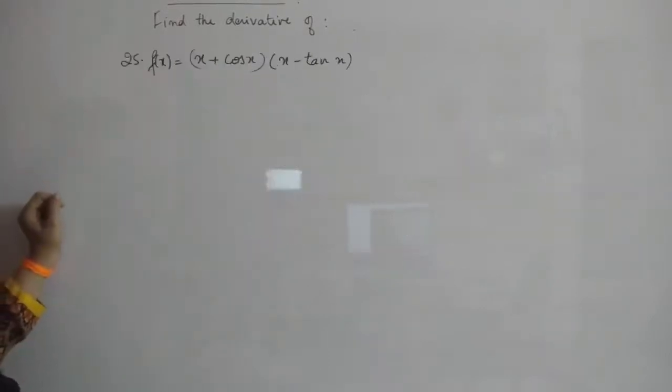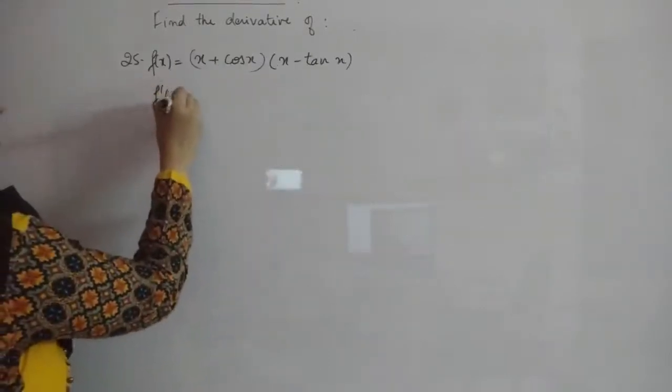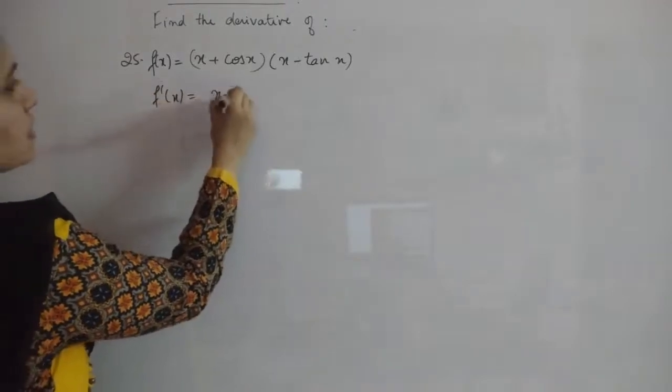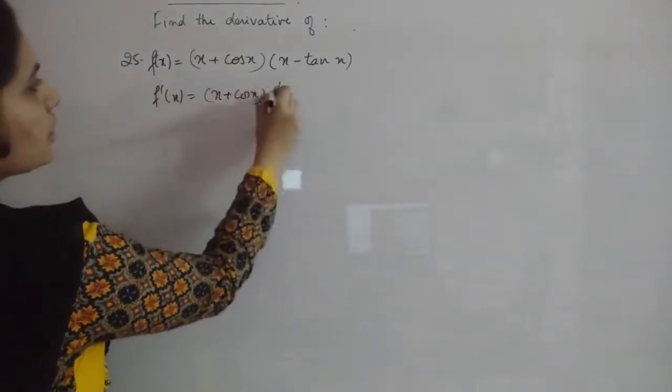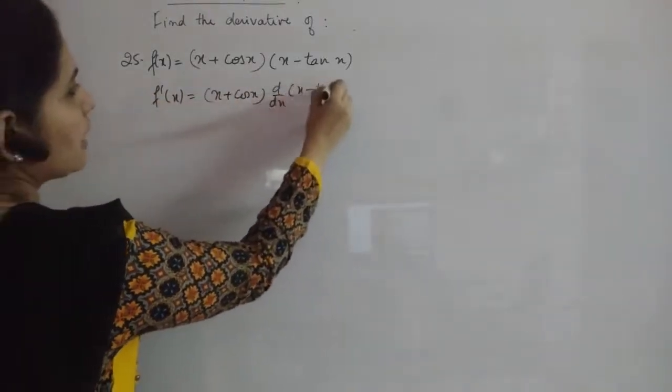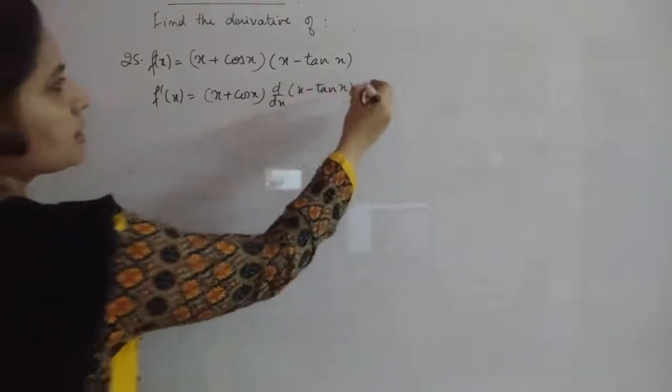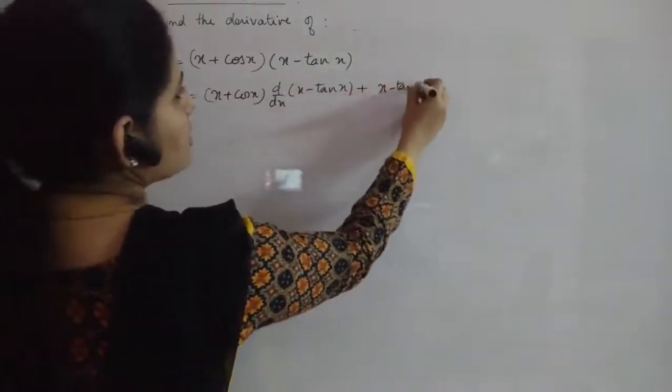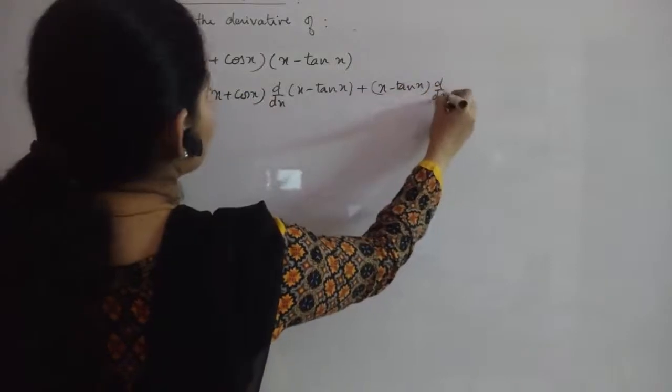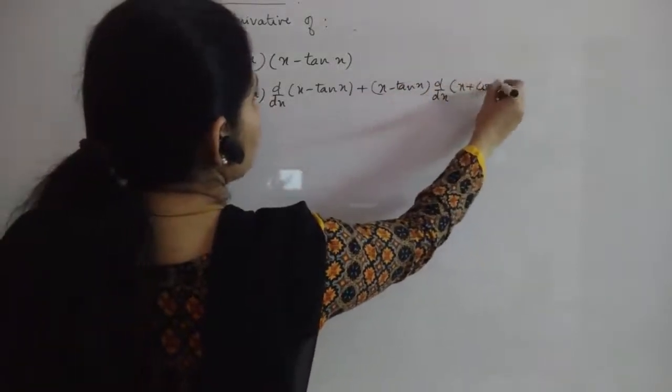Next, (x plus cos x) into (x minus tan x). F dash of x will give you (x plus cos x) into the derivative of (x minus tan x), plus (x minus tan x) into the derivative of (x plus cos x).